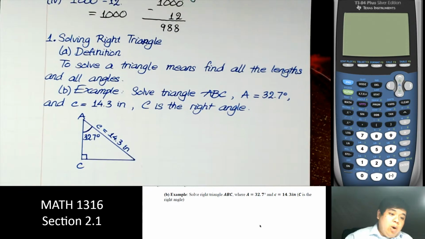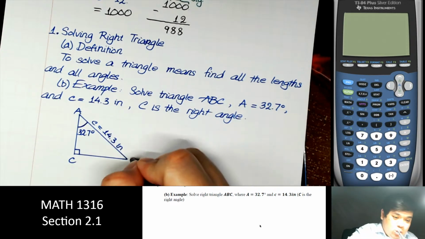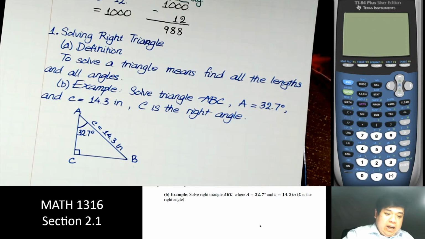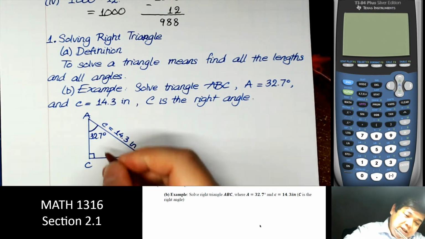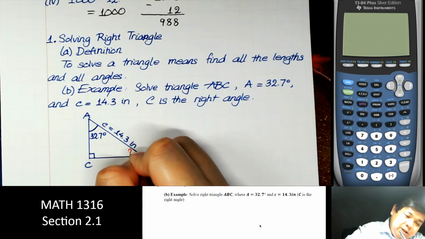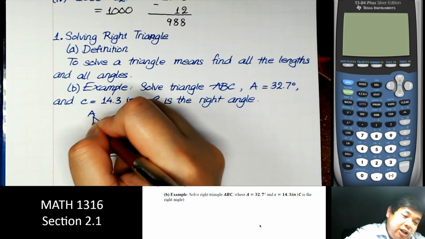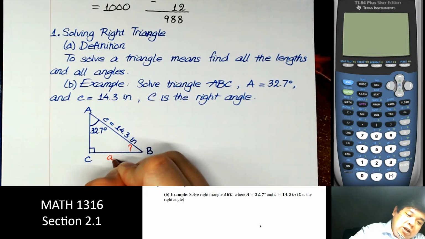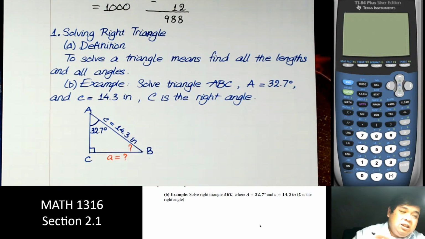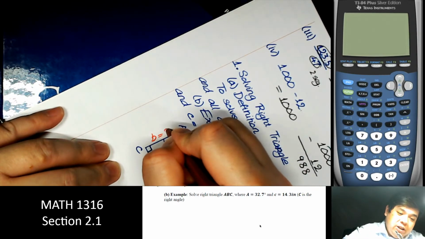So those are what we are given. Of course, this will be angle B, and we do not know angle B. We do not know side a, which will be here. And side b, opposite to B, we don't know either.